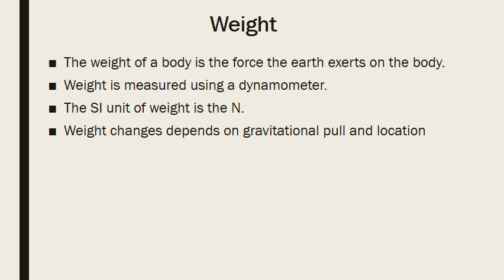For example, if I measure my weight in Lebanon, okay, when I go to the equator or something that has a less gravitational pull, or to the moon, my weight is going to be less because weight takes into consideration the gravitational pull. So the mass of an object is constant, while the weight of an object varies depending on the location of that object.